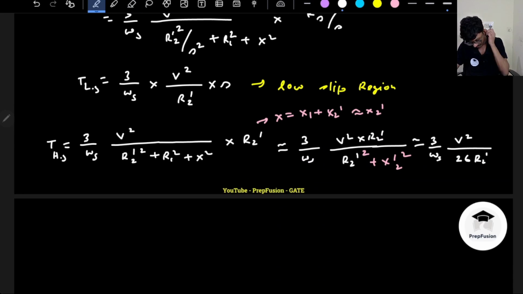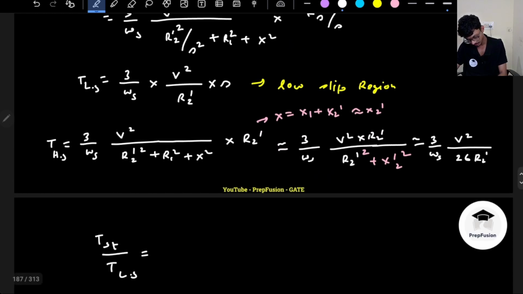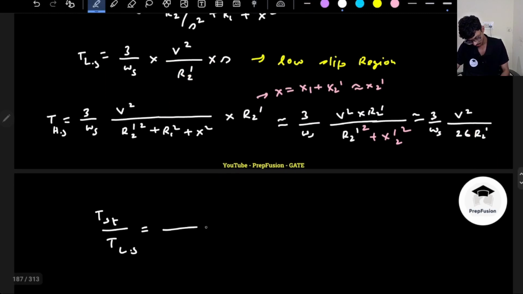Now if I take out the ratio of the starting torque to the torque in the low slip region, 3 by omega s will cancel, V square will cancel, r2 dash will cancel. This will be the slip at that particular low slip region, whatever slip we had calculated, and 26 will be in the bottom, 26 into 1.